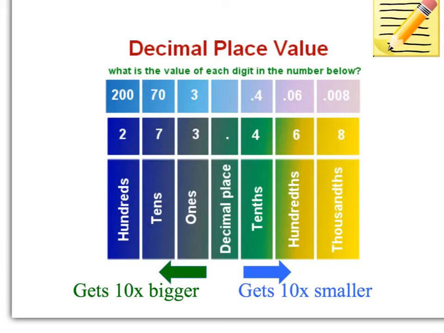Now it's also good to know that every time you move left away from the decimal place, the number gets 10 times bigger. And every time you move right away from the decimal place, the number gets 10 times smaller. So when we're moving left, the number gets bigger, and when we're moving right, the number gets smaller.